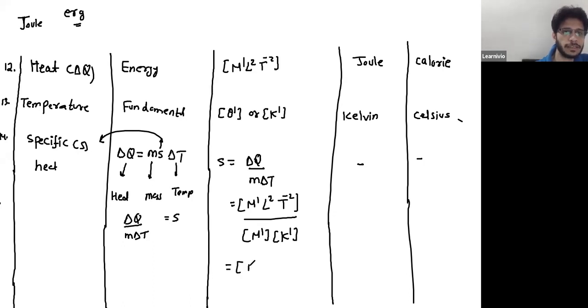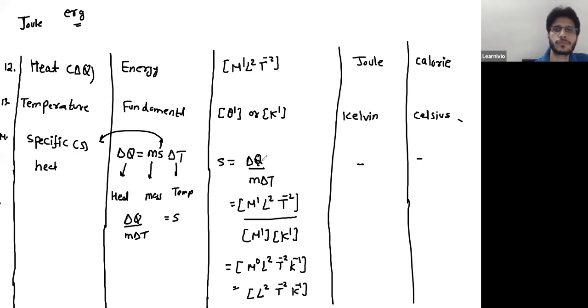So the combined is M0 L squared T minus 2 K minus 1. Now you can just leave this M. Delta Q is heat. We represent heat as delta Q.